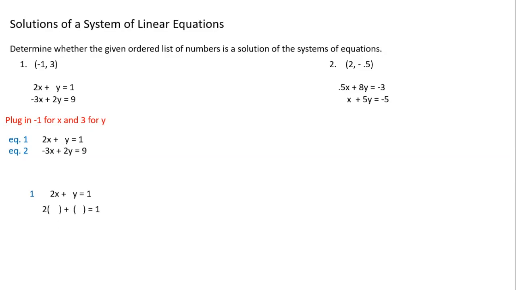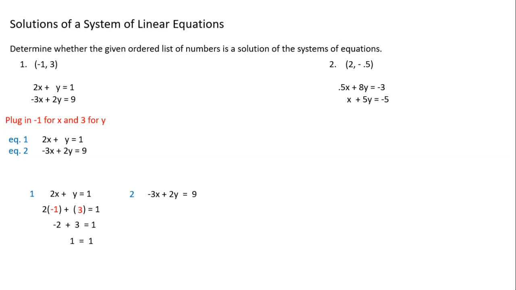So 2 times negative 1 is negative 2, and negative 2 plus 3 is 1. So I get 1 equals 1, which is a true statement. So the point negative 1, 3 is a point on this line. But for it to be a solution for a system, it also has to match the other line.